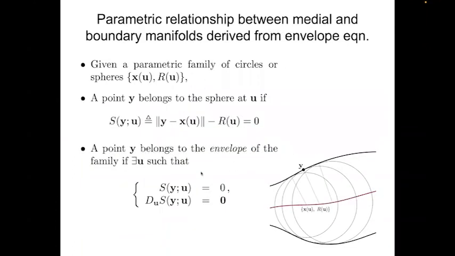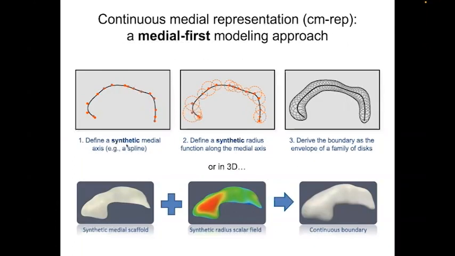And again, painted on this medial scaffold is a scalar field, call it the radius scalar field. And just like in the picture above, we interpolate and generate an envelope surface or envelope curve. Down here, we obtain a continuous boundary as the envelope of this continuum of spheres that we get from these two inputs.